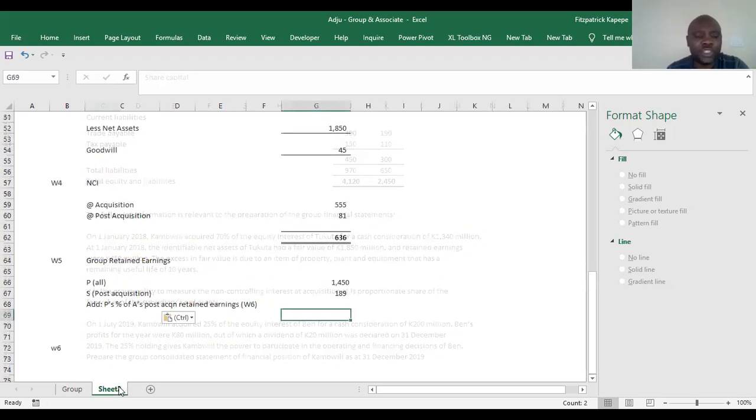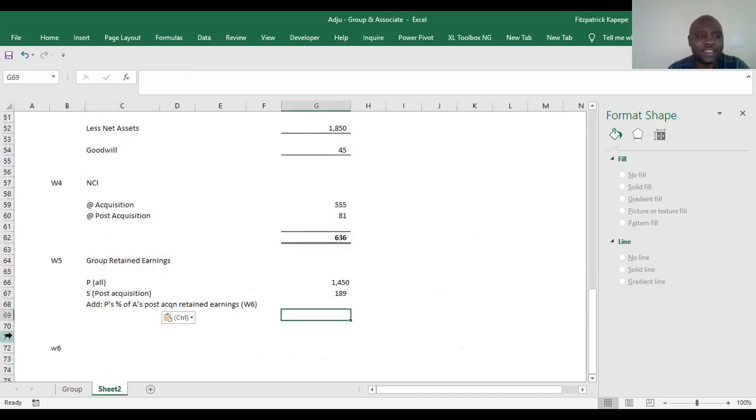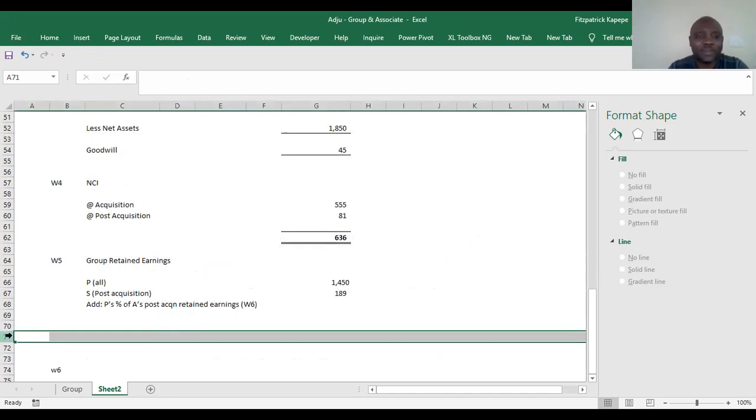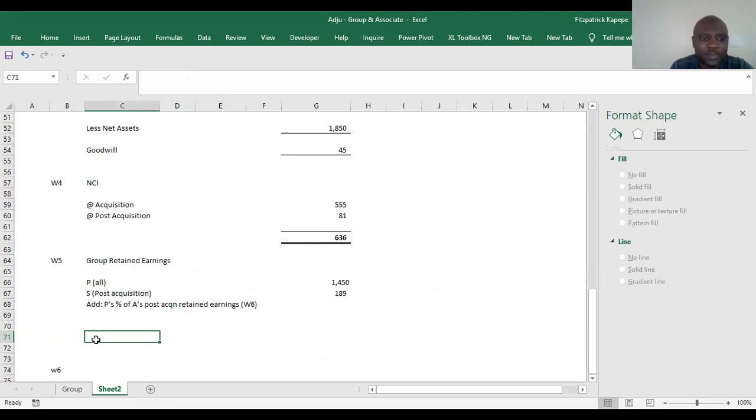So what we'll do is, as a sub-working, from Ben's profit is 80, that is full year.